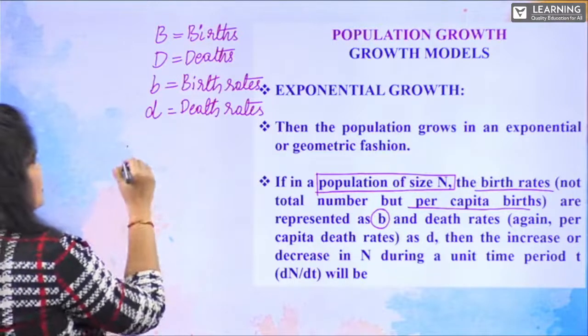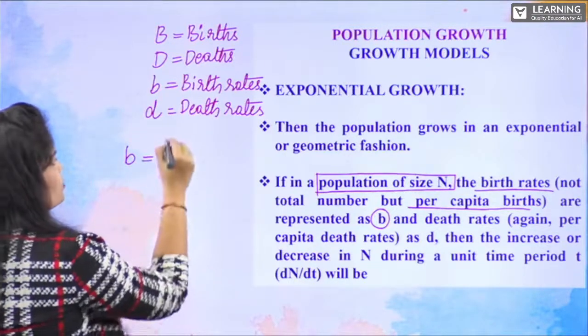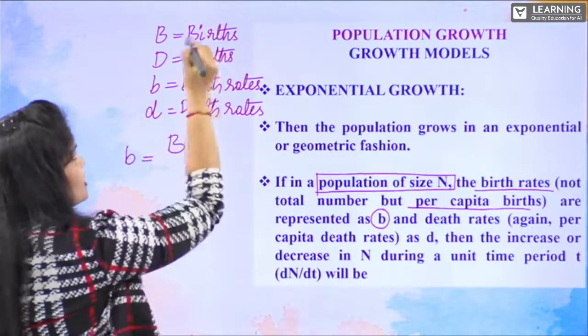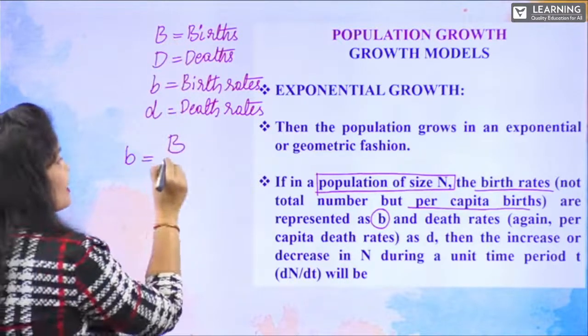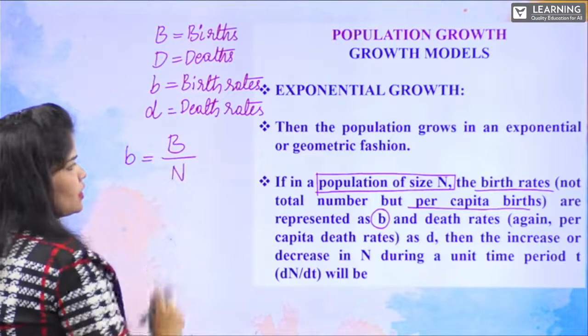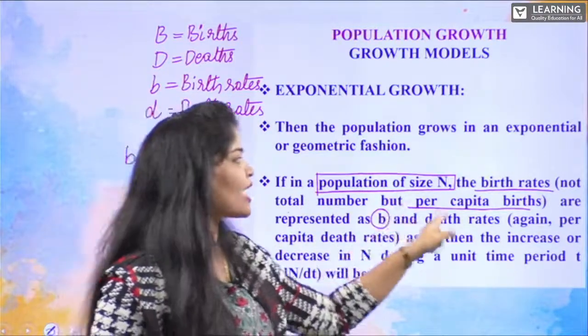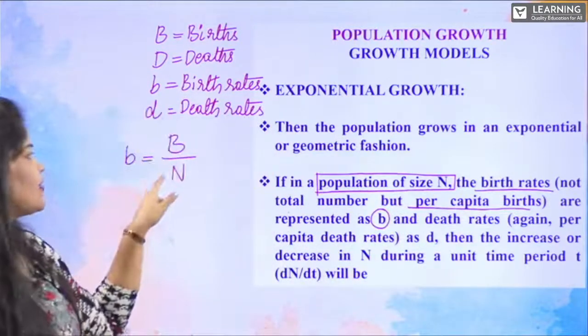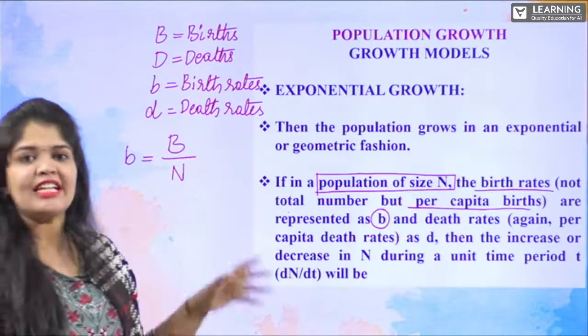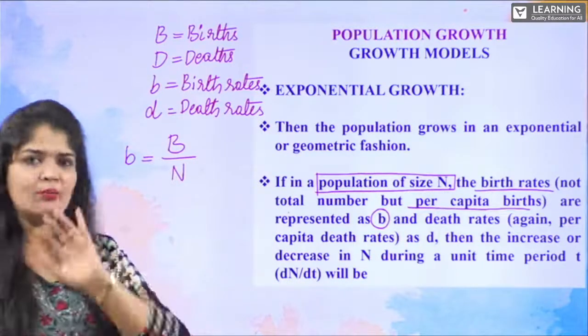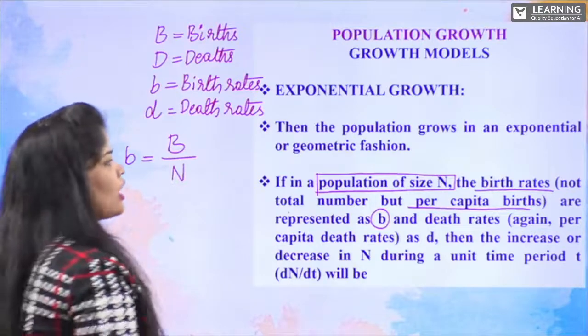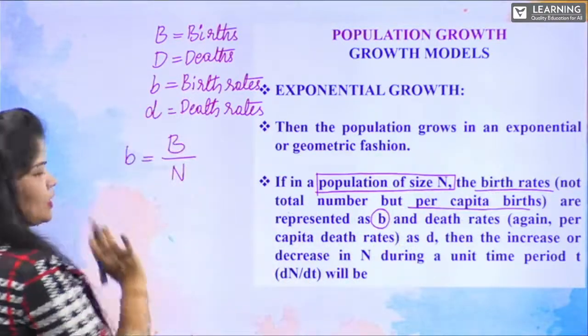So birth rate is equal to number of births, B, per capita. We are not considering total number, but per capita births, that means divided by population density, the total number of the population. It is represented by small b, right?